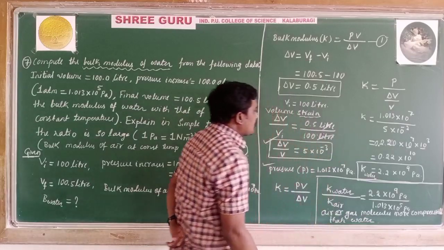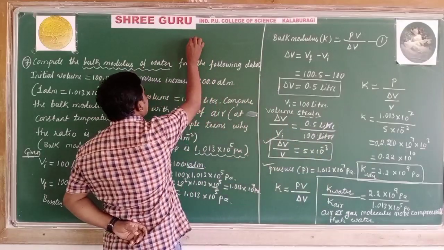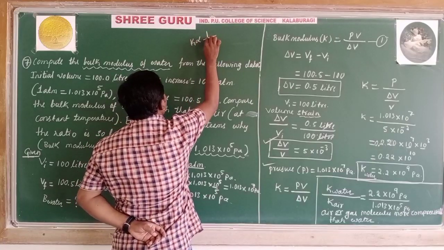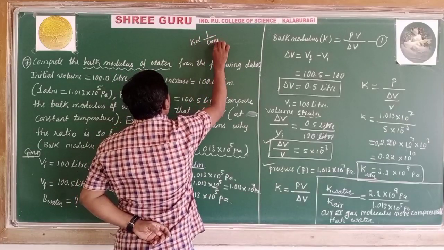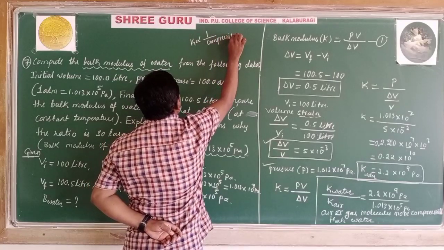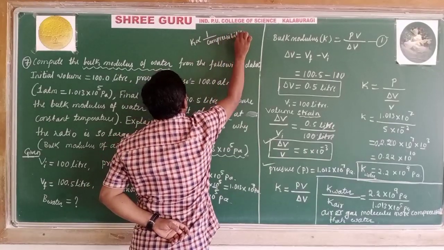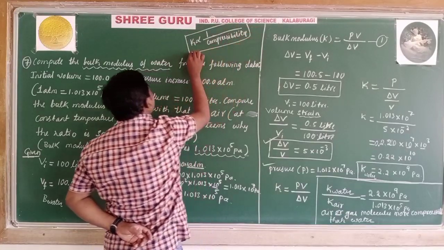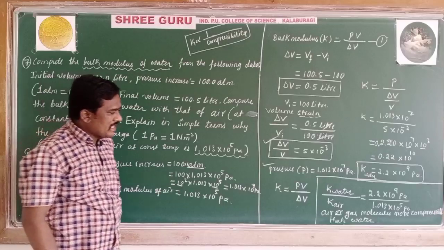Already we got the relation. What is that relation? Bulk modulus is inversely proportional to compressibility. If the compressibility is more, the bulk modulus value is less.